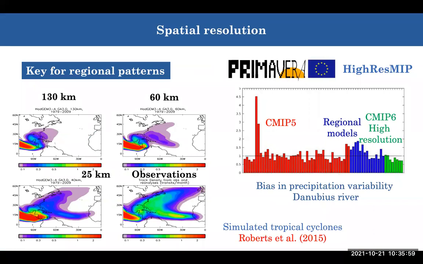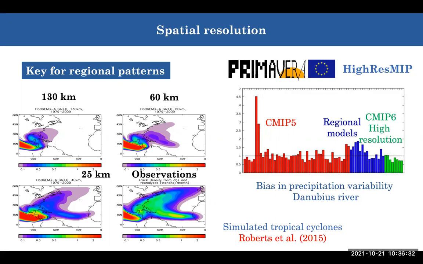So to illustrate the spatial resolution, I have taken an example from one of the MIPs, which is called HighResMIP, which has the simulations with the highest resolution, reaching 30-kilometer resolution, and which was supported in a European project, PRIMAVERA, where you see on the left simulated tropical cyclone paths, with the number of intense cyclones, and you see the impact of different resolutions.